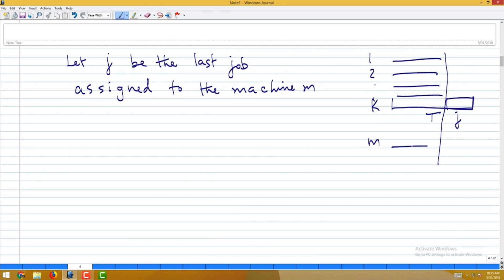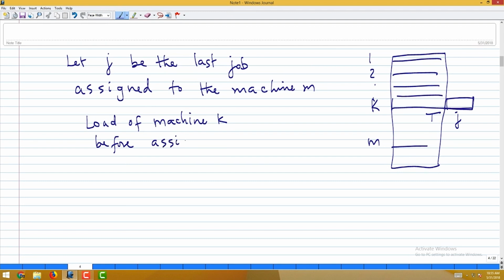But this is the sum of the time for all the machines except job j. So, let me just write what I say: the load of machine K at that time, before assigning j, is at most the summation of T_i, i equal to 1 to n, i not equal to j, divided by m.